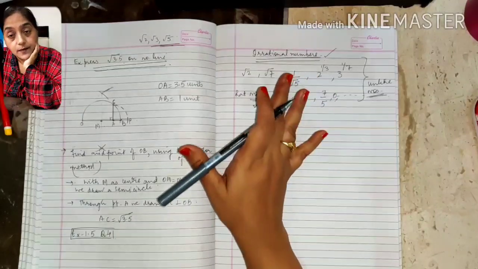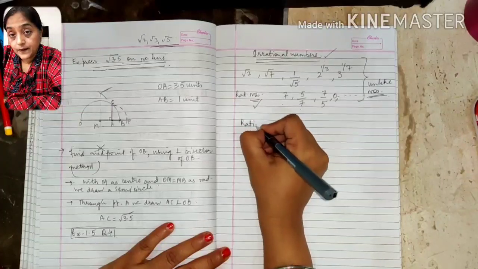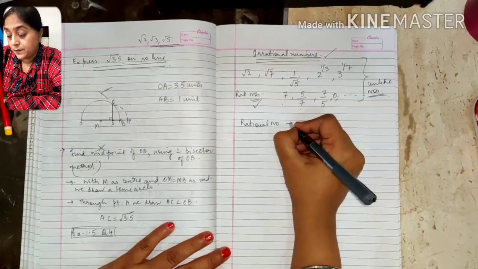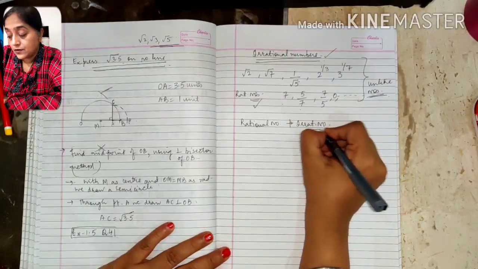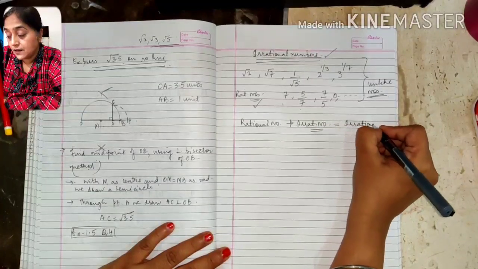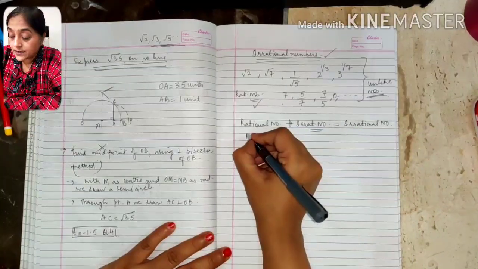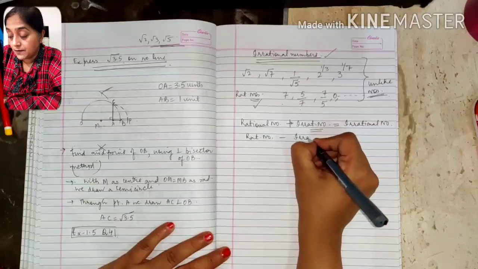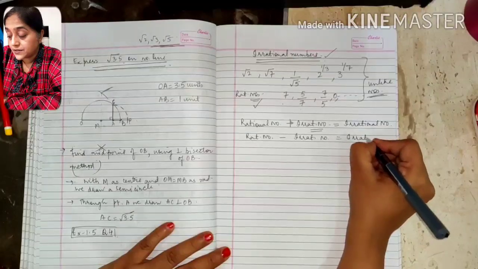Similarly, when we talk about a rational number plus an irrational number, you will get an irrational number. Always remember. Similarly, rational number minus irrational number, you will get an irrational number.